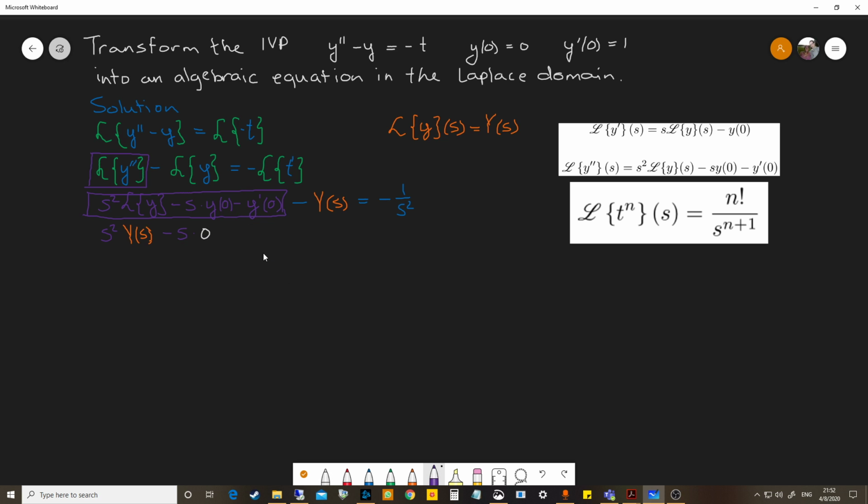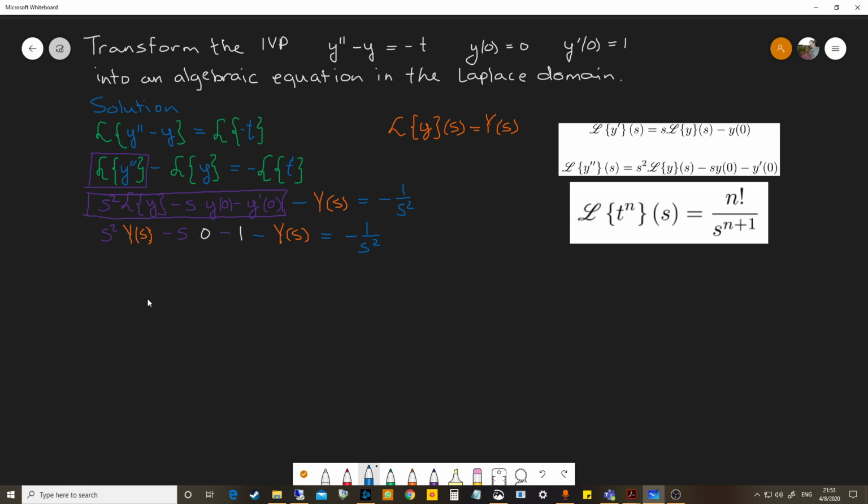And then we have minus y prime of 0, and y prime of 0 is equal to 1, so we get minus 1. And then we subtract Y of s, and that is equal to negative 1 over s squared.